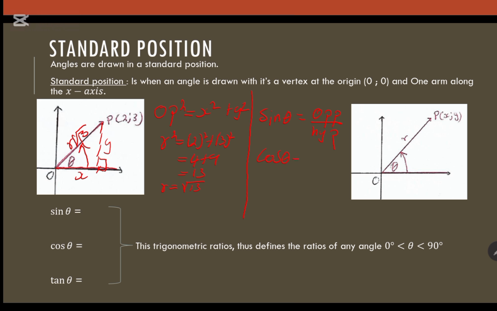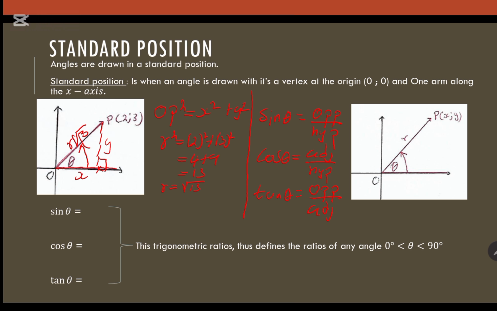Cos theta is equal to the length of the side adjacent to the angle theta over the hypotenuse. And the tan theta is equal to the length of the side opposite to the angle divided by the length of the side adjacent to the angle. So these are the basic definitions of trigonometric ratios that these learners did in grade 10.